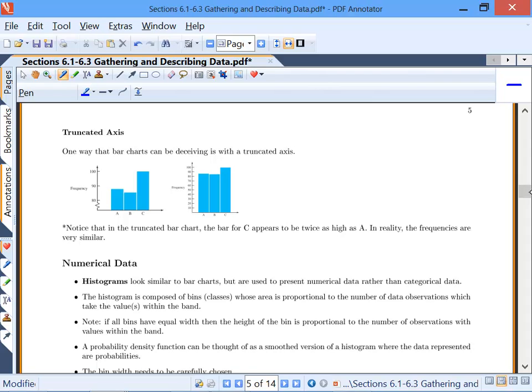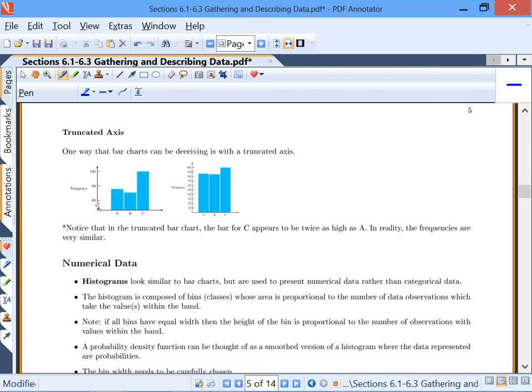Here is one example of a way that you could use a graphic in a misleading manner. When you look at this first chart, we just have A, B, and C. We don't know what they are. But notice, doesn't C look like it's about twice as big as A? If these were three different types of toothpaste, I would think that toothpaste brand C is a lot more popular than brand A. But notice when you look at the axis, it starts at 80.